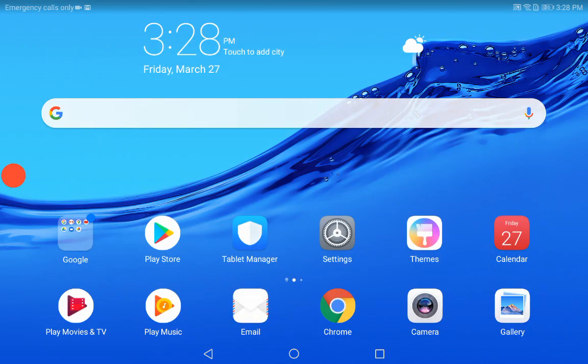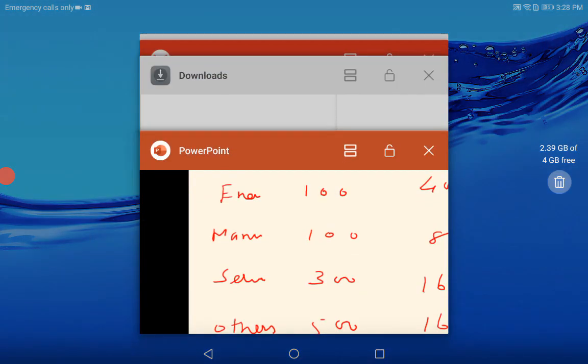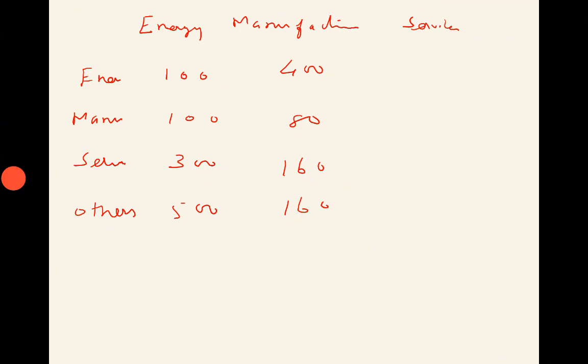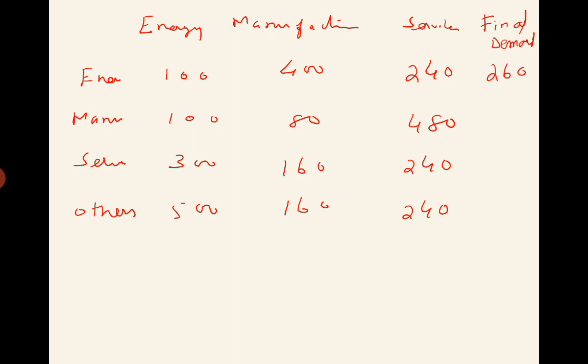For services, it is 240, 480, 240, and 240. That is the final demand. In this column you will get some other data: 260, 140, 500.